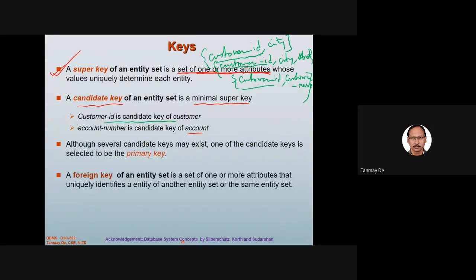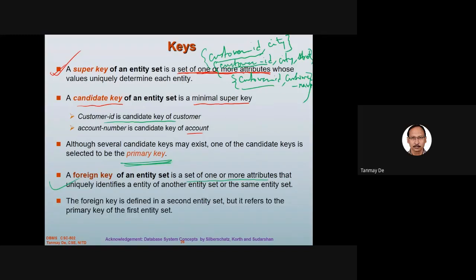Another term is the foreign key. What is the foreign key? The primary key is very important. A foreign key of an entity set is a set of one or more attributes that uniquely identify an entity of another entity set, which means the foreign key is defined in the second entity set, but it refers to the primary key of the other entity set.